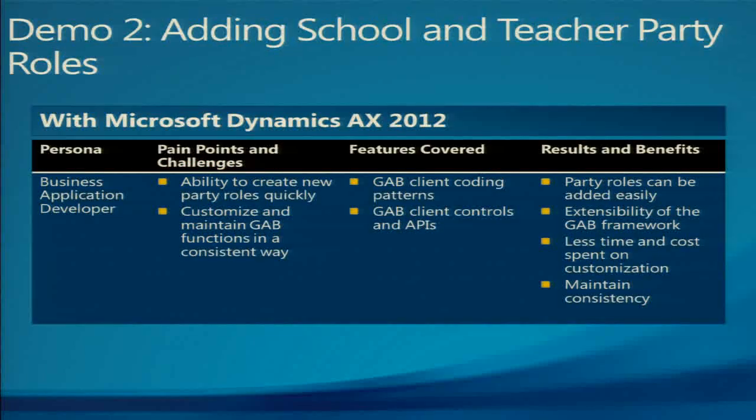So, key takeaways. What we addressed here is how you can quickly extend the global address book and add new party roles. You saw that. And maintain global address book functions in a consistent way.